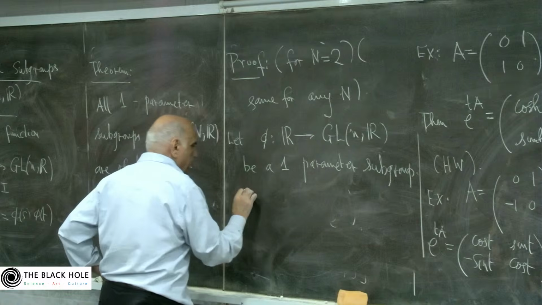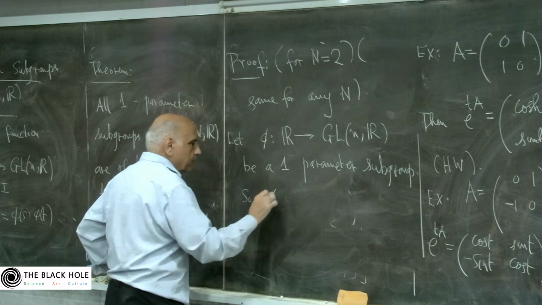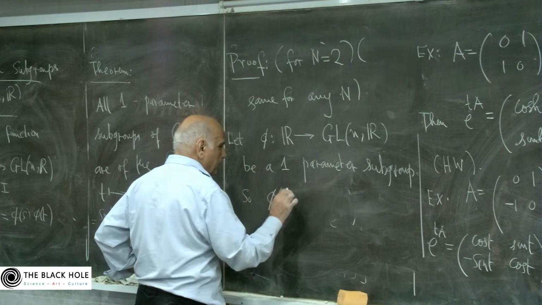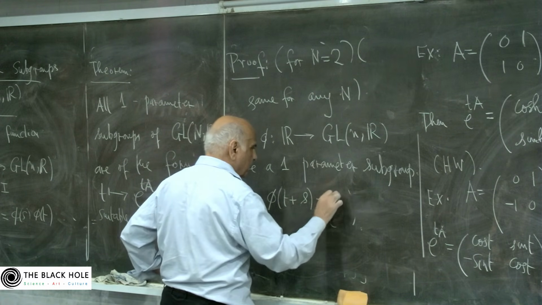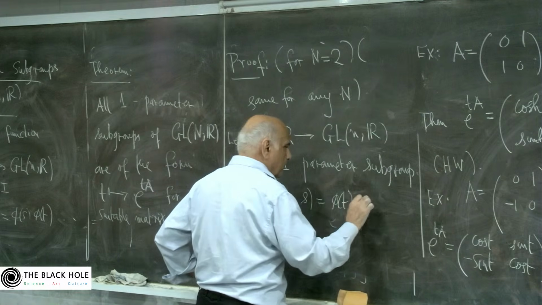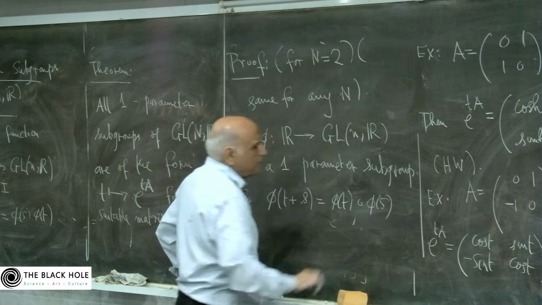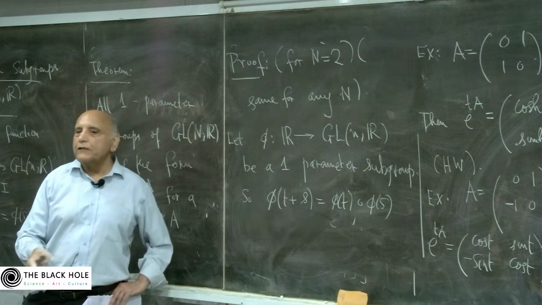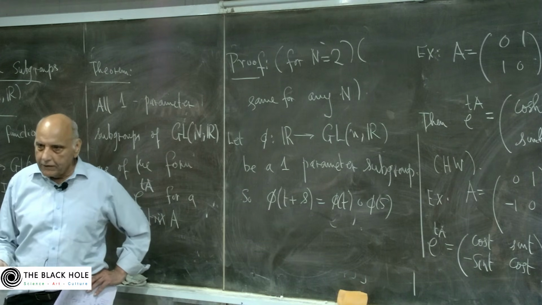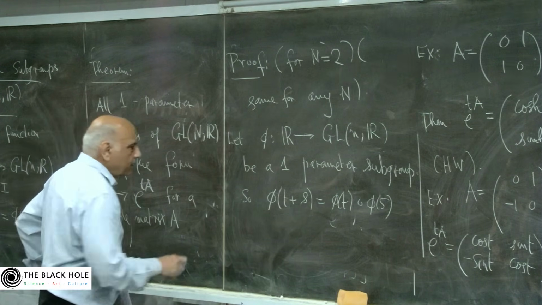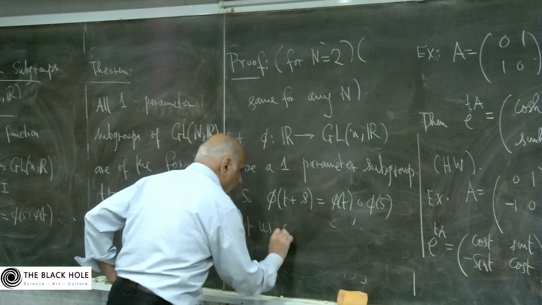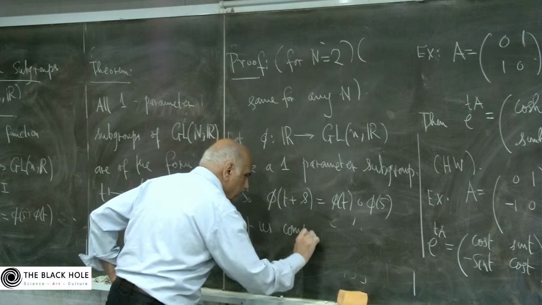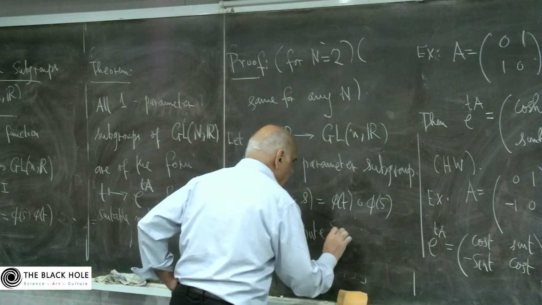So phi of t plus s is equal to phi t composed with phi s. And of course, the only tool we can use is calculus, right? So let us compute phi prime t.